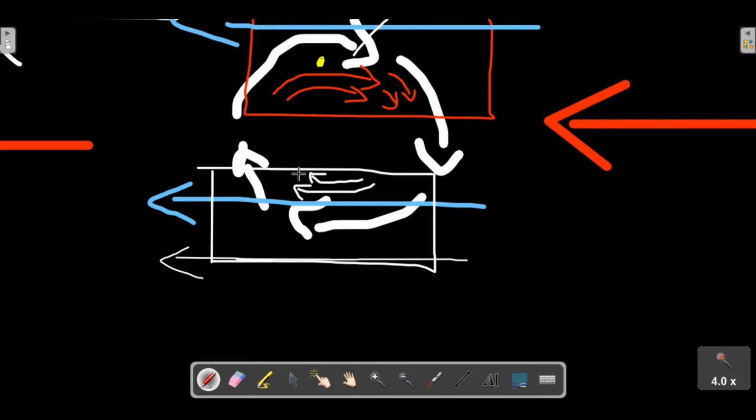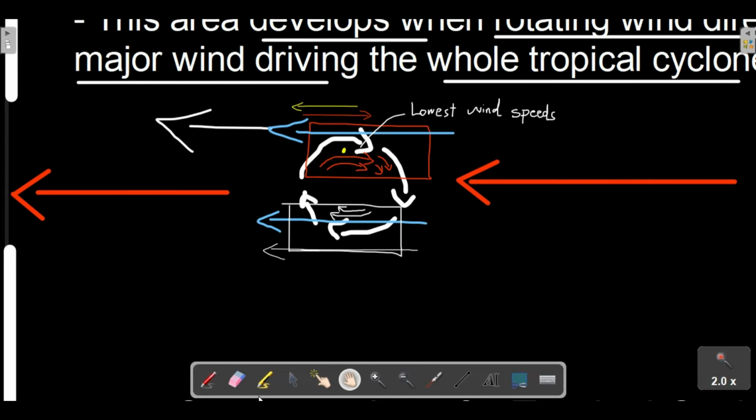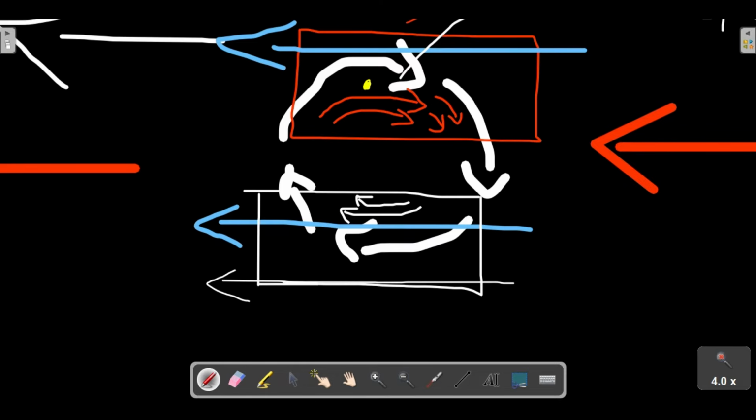So now you have this rotating wind direction coinciding with the major wind direction. This means that you add up the wind speed of these rotating winds in this area and the wind speed of the major winds pushing this whole system, right here.